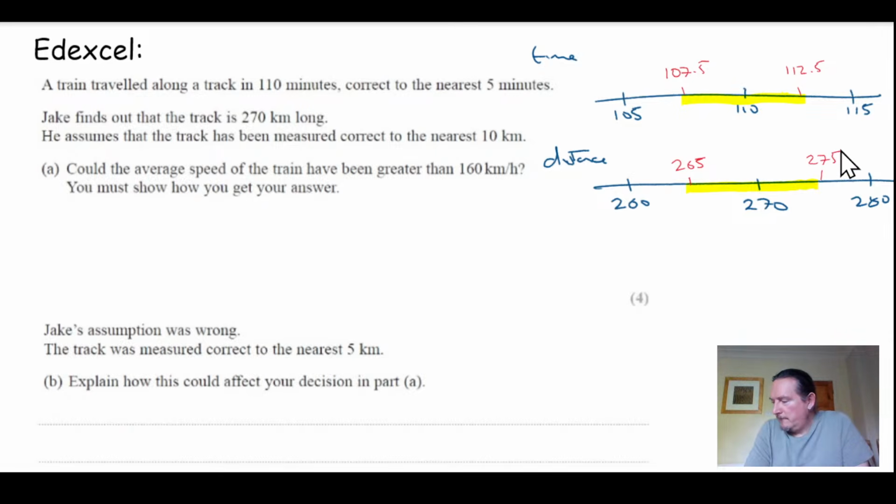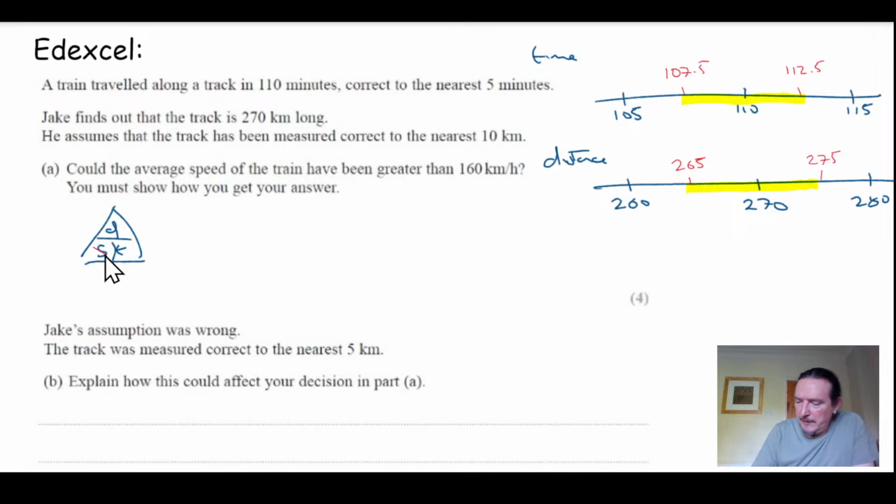For distance, then, it says, could the average speed of the train have been greater than 160? So we want to find what the maximum speed is. Now if you remember your speed, distance, time triangle, we're trying to work out speed from distance and time.